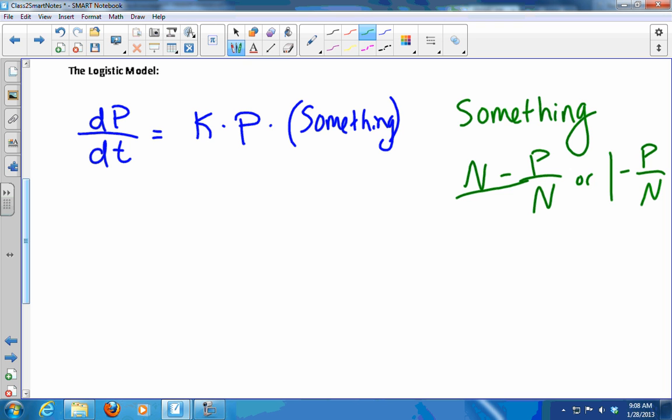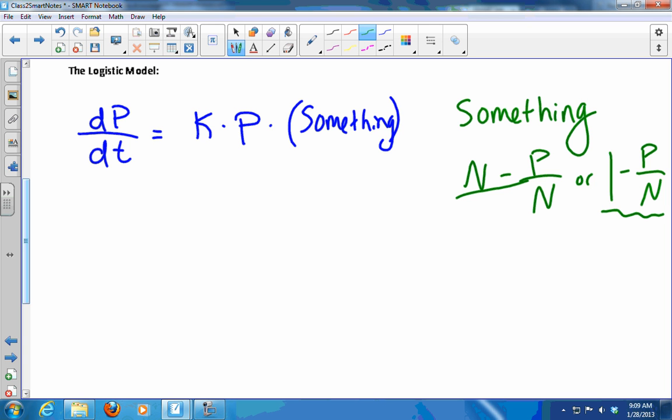So does that satisfy all of our assumptions? If P is a small population, is this thing close to 1? Yep. And if P is big, but still smaller than the carrying capacity, this thing is close to 0.